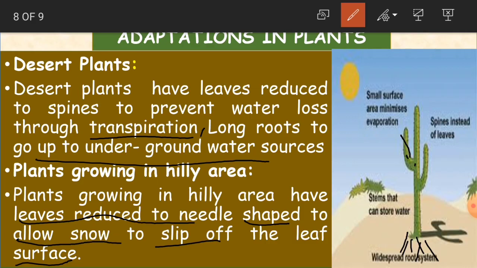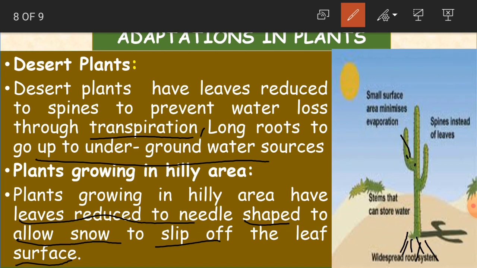When you have a sharp edge, then nothing is going to store there. Whatever you put there is going to fall down. Same like that, whatever snow they get in the cold climatical conditions in the hilly areas, the snow is going to slip off from the leaf surface.